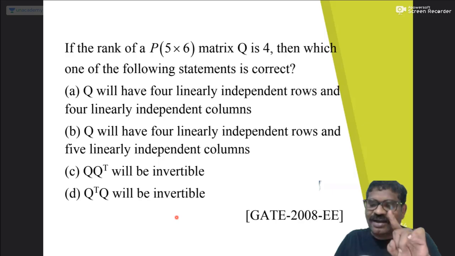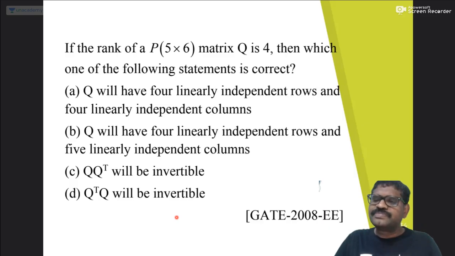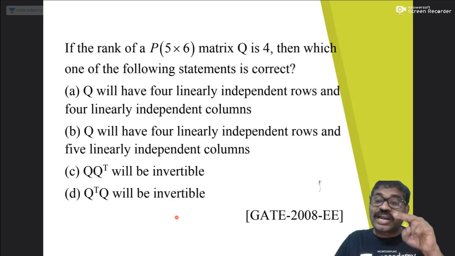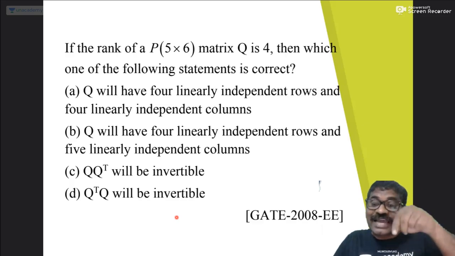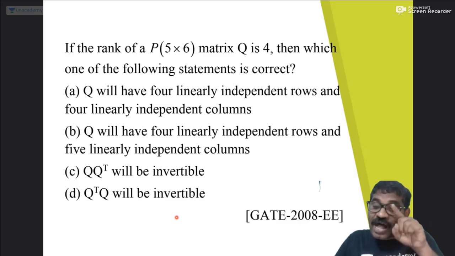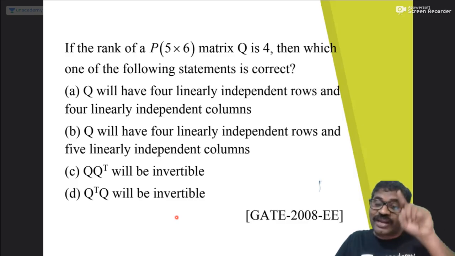Don't misunderstand the concept. Wherever there is a chance to commit a mistake, definitely I'll warn, not once, 2-3 times. I said if two rows are identical, rank is less than its order because determinant is 0. If all the rows are identical, then only rank is 1. Always 1.